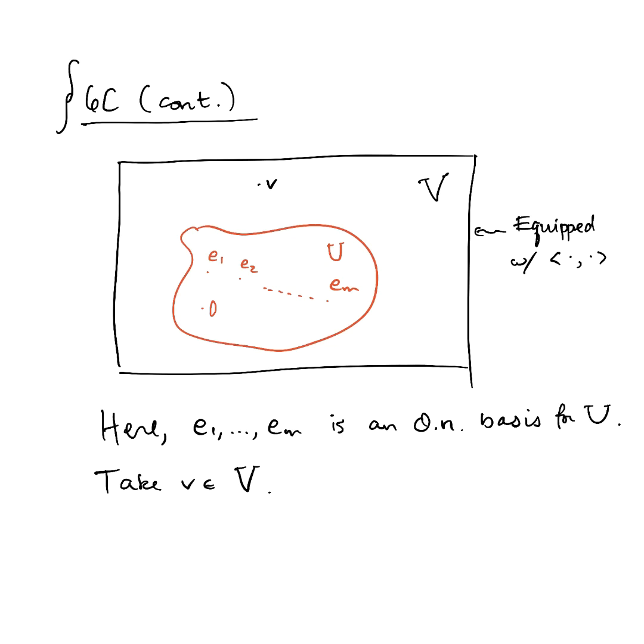And the way to do it is to exploit the orthonormal basis for U. So let's go like this. Let's see what happens when we build this combination of the basis vectors for U, where we get the coefficients through inner products with v.